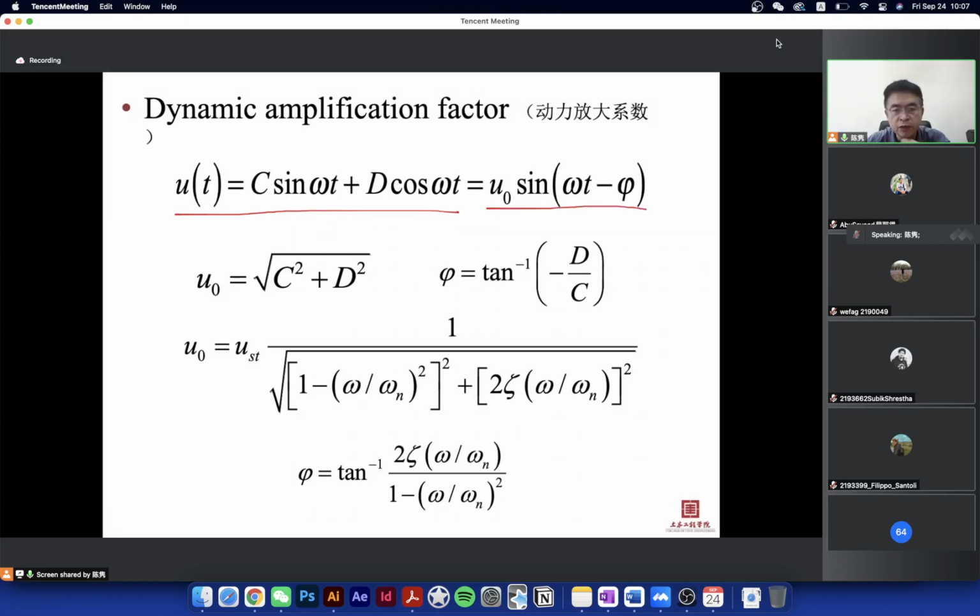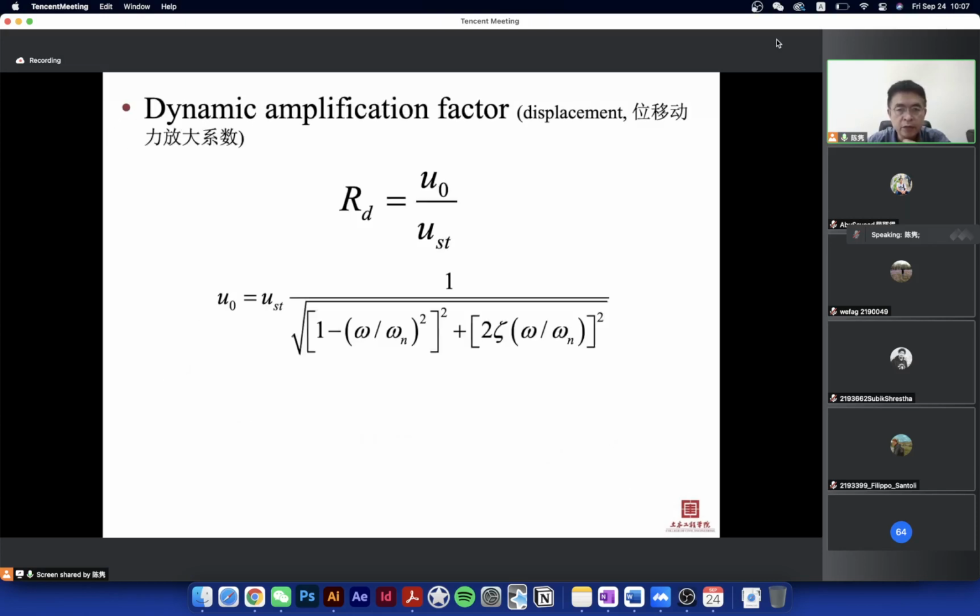In another form, it can be U0 sin(omega t minus phi), where U0 is the amplitude, which should be the square root of this expression, and phi is the phase angle. We'll discuss this later. The expression for U0 is like this, and then this is the phase angle phi.